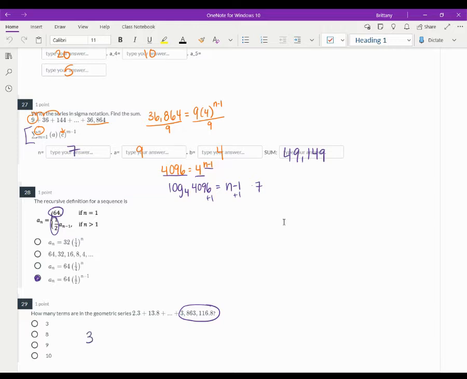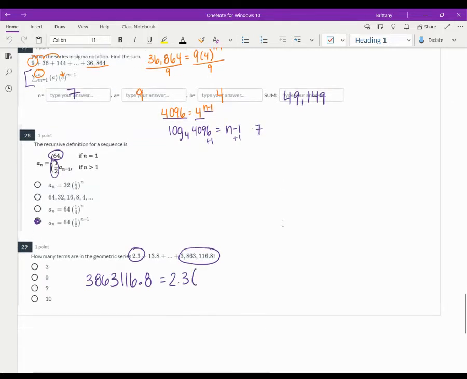So 3,863,116.8 equals our first term times the common ratio. If you can't tell what the common ratio is, work backwards and divide. So do 13.8 divided by 2.3, and you get 6.